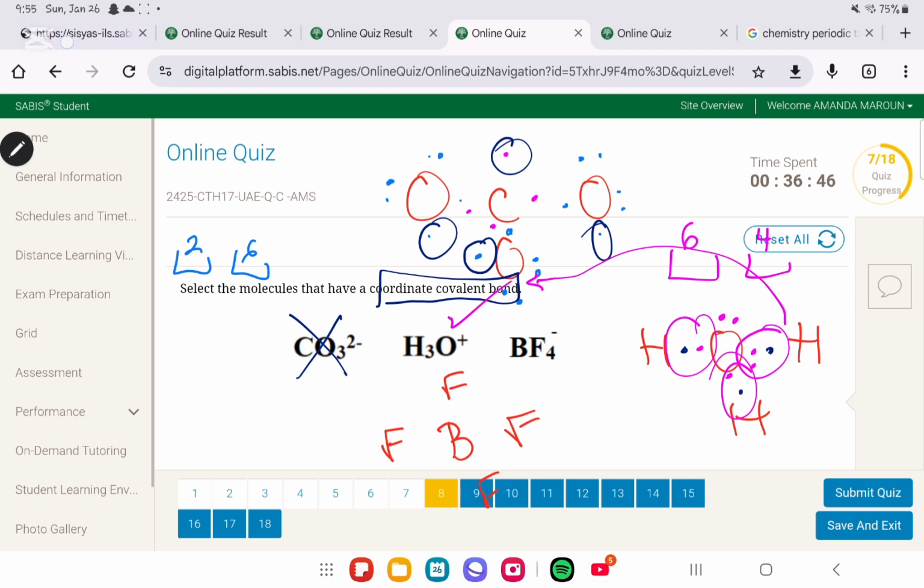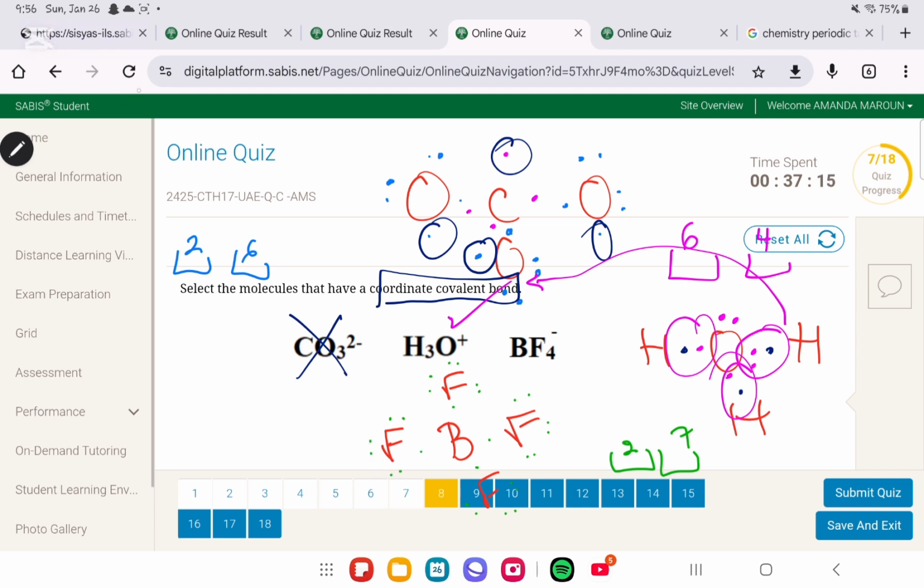Now finally, if we move on to BF4-, F is 9, so it's gonna be 2, 7. It has 7 valence electrons, so 1, 2, 3, 4, 5, 6, 7. Same for each of the four fluorines.